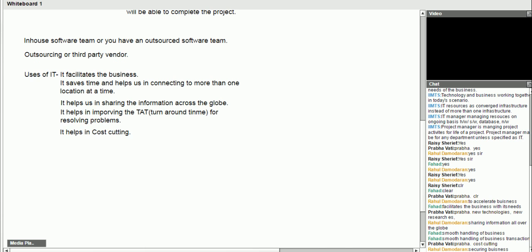Then, how do you manage information within the IT? That is the role of the MIS, the management information system, for managing information in the IT.